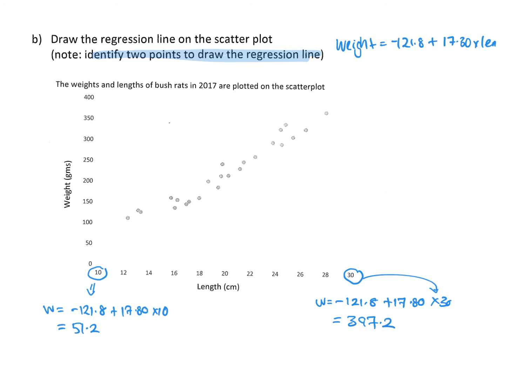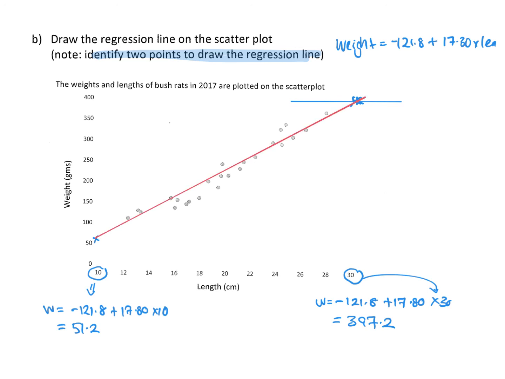So what you're going to do is get your ruler, and up along 10, which is actually the edge of this graph on your paper, I go up to 51.2. So say roughly there. You'll have more lined paper and you'll be able to see the lines on it. And then on 30, it's 397.2. So be roughly up that way. So 30 up here, and I'll put my cross. So there I've marked the 2 points. To draw the line, you just join those 2 dots up, or crosses, whatever.